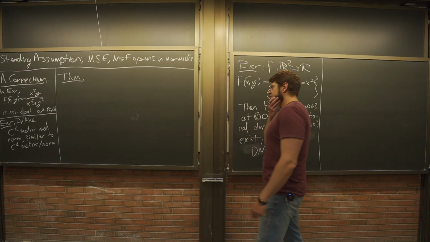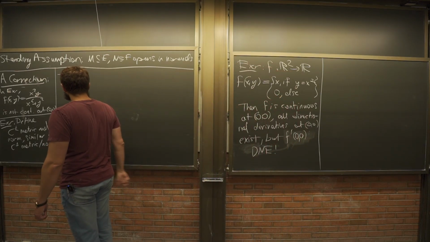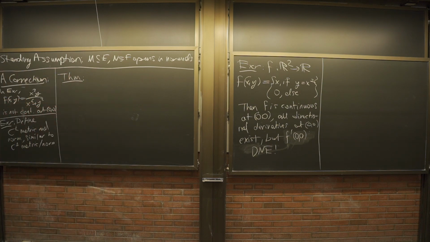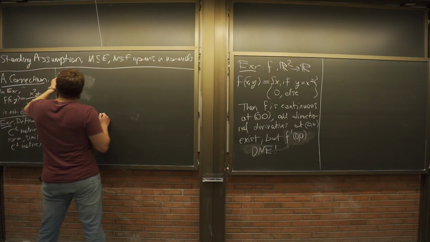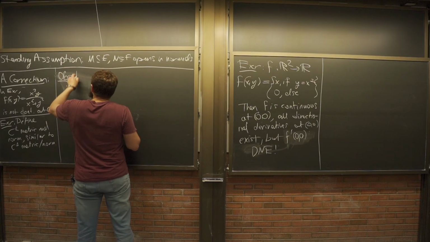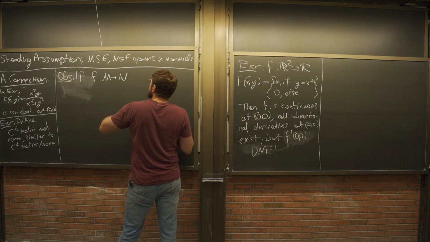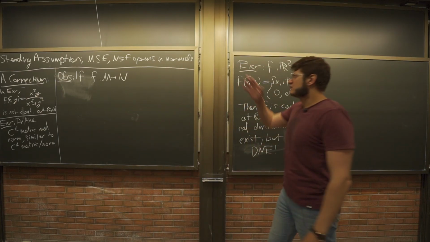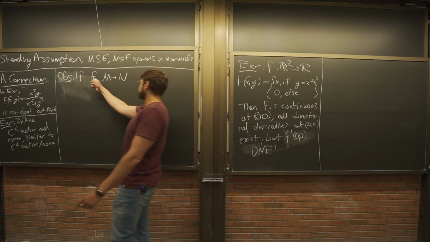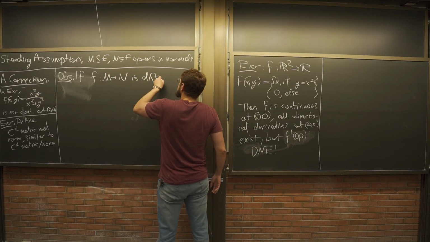What I do want to mention is this. First of all, well, maybe before the theorem. Yesterday I mentioned this as a heuristic, but let's try to clarify this a little bit. So observation: as usual, I have two open sets in normed spaces, M and N, and I have a function from M to N that is differentiable.